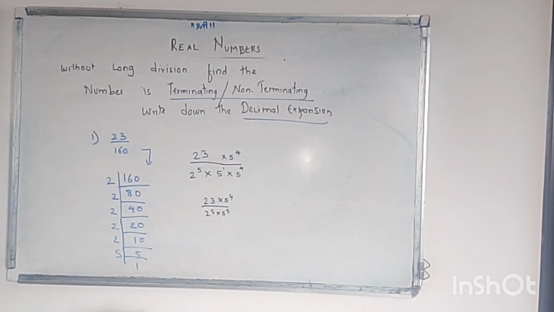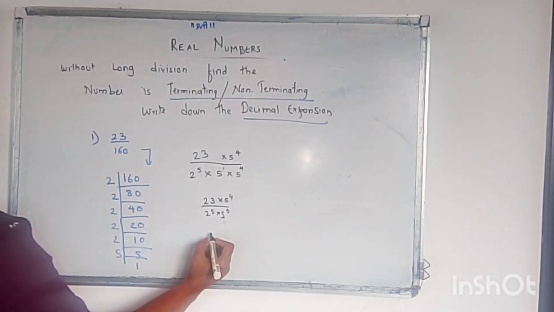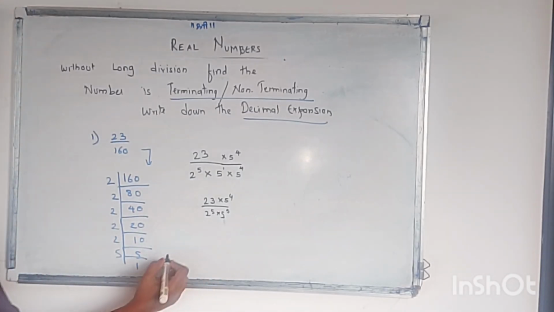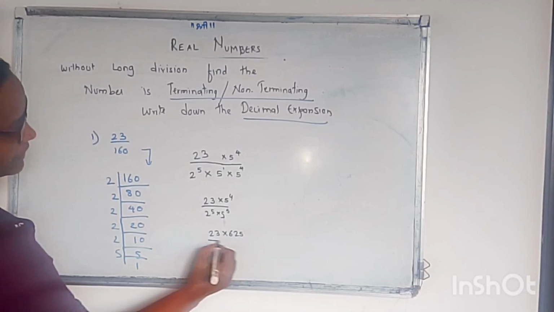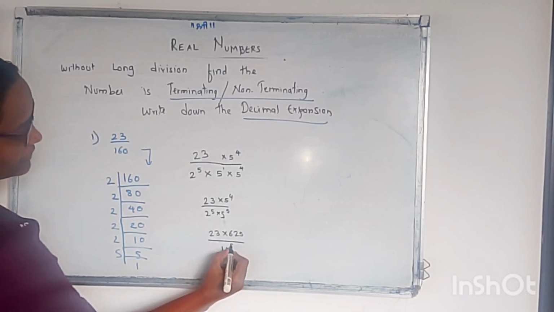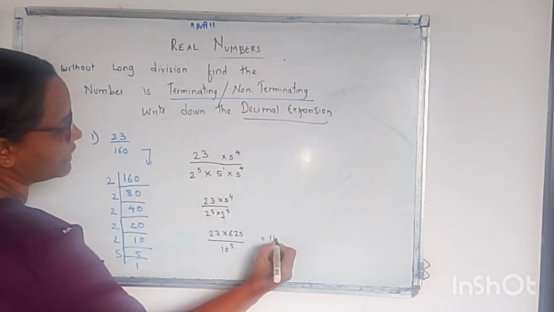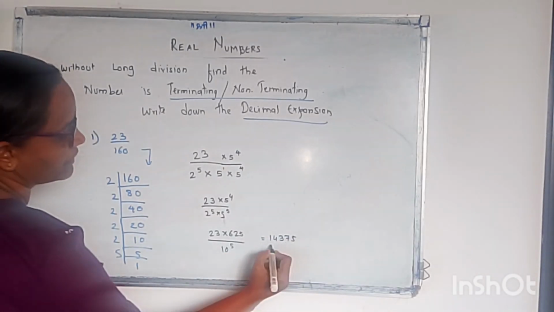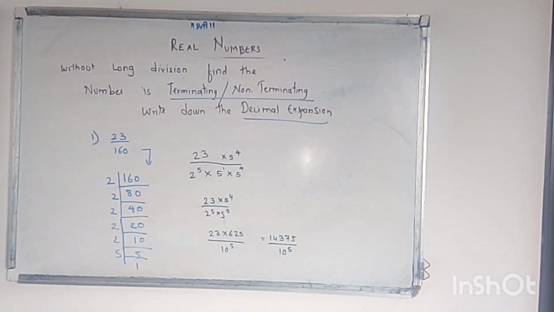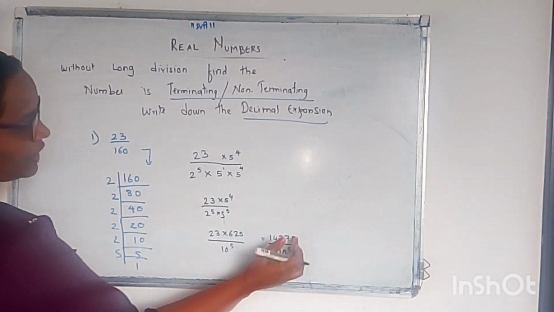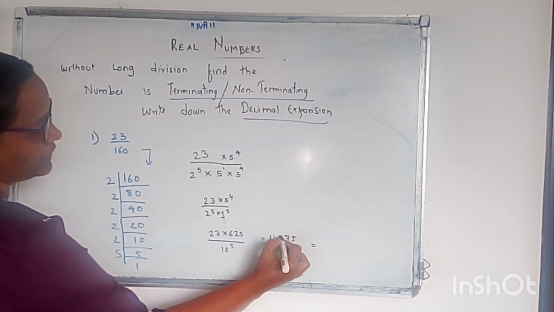Okay, so this becomes 23 into 625 upon 10 raised to 5, which is 14375 upon 10 raised to 5. So 10 raised to 5. How many places will the decimal point go? 5 times. 1, 2, 3, 4, 5.